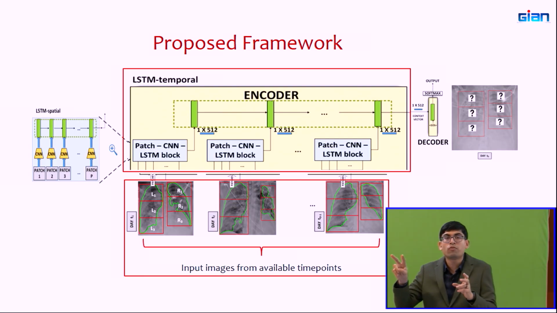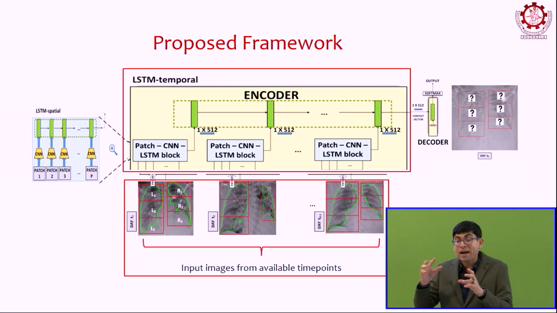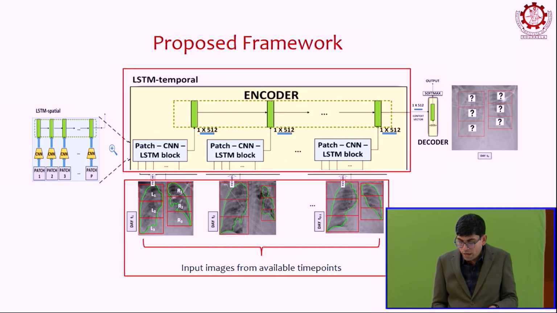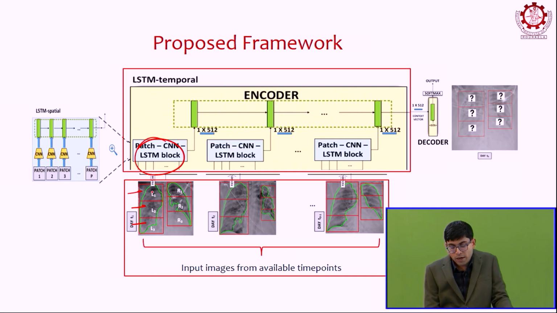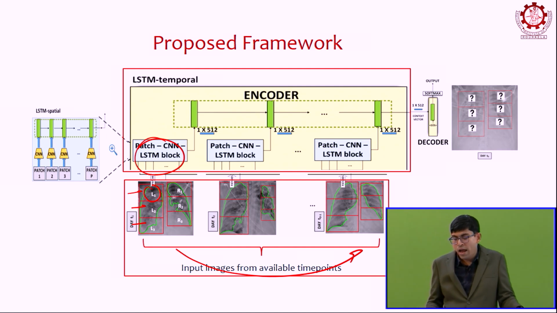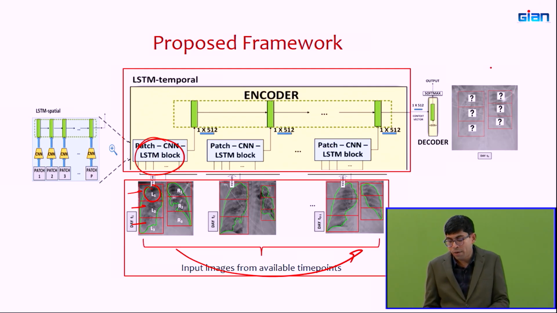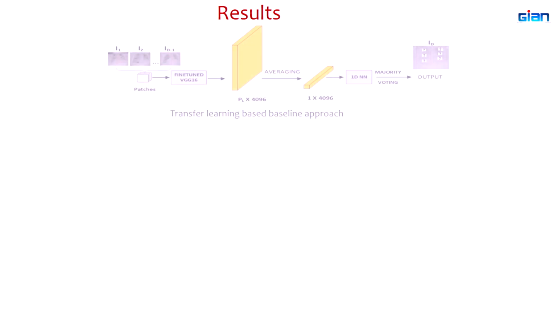So first we had a spatial LSTM network, where we looked at how the patterns were changing within each zone of the lung, and then we looked at how the patterns were changing across the different images. The goal was to take the first few time points of images and predict what will happen to the patient on day n. So that was the problem statement here.